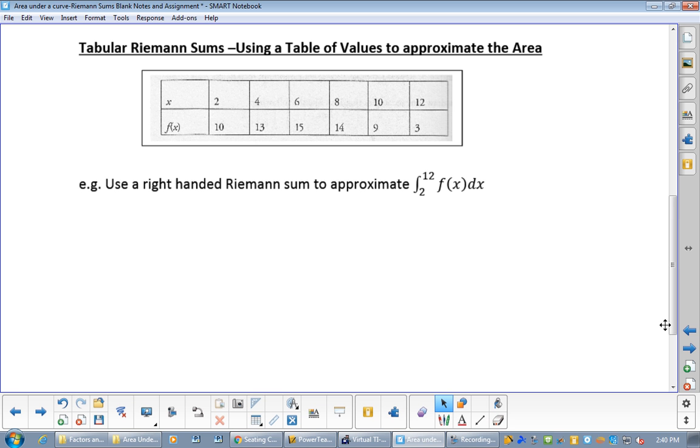Okay, now this says use the right-handed Riemann sum to approximate the area under this graph between 2 and 12. So this is how we're going to use tables, okay? Because I could just give you a table on the diploma and expect you to be able to find the area under the curve that way.